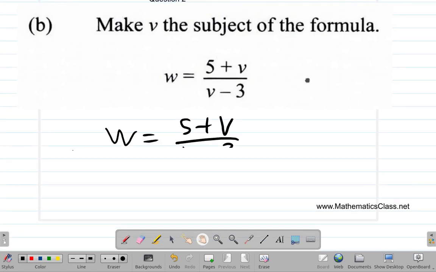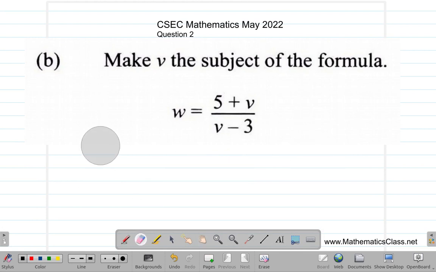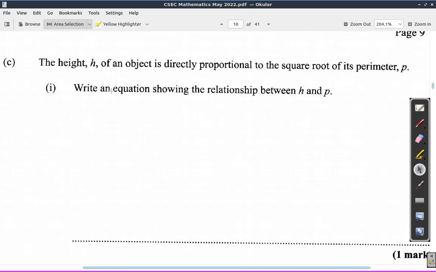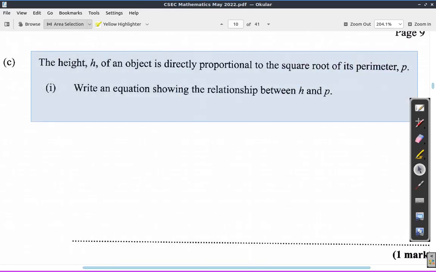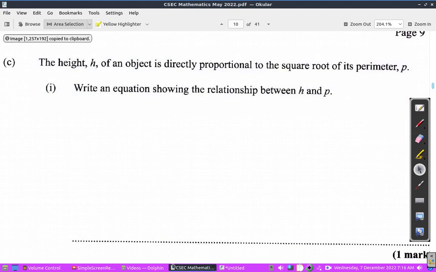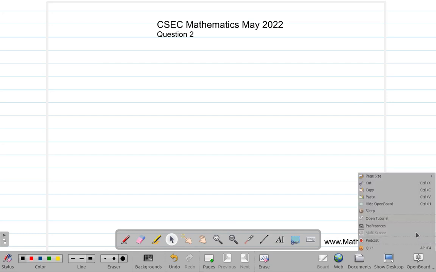Alright, so let's get rid of these things. And then we look at part C of the question. Let's copy this first and put it over to our whiteboard here.